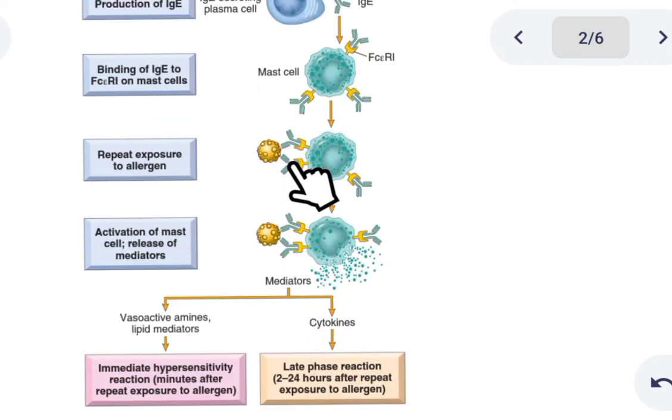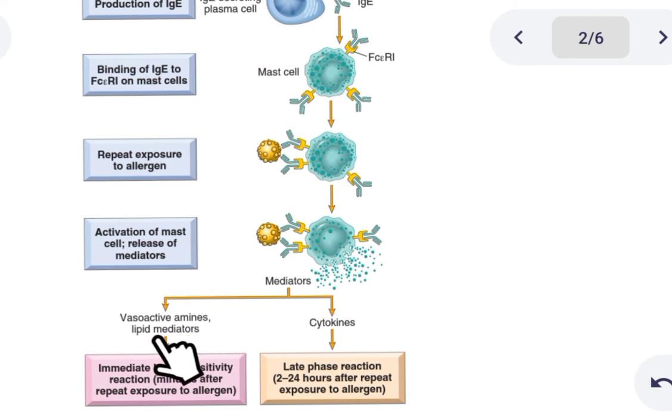and it's going to cause cross-linkage. Once this linkage is formed, it activates the mast cells or basophils to produce granules. These granules contain mediators: vasoactive amines and lipid mediators, as well as cytokines.